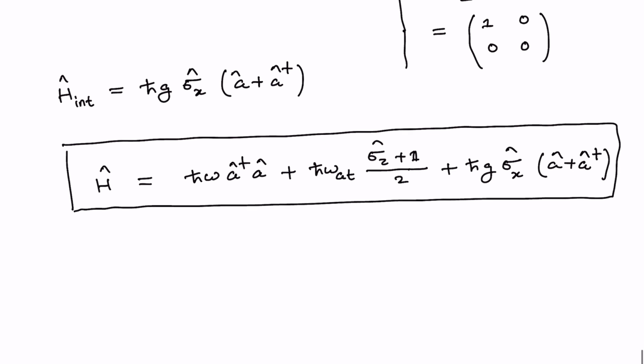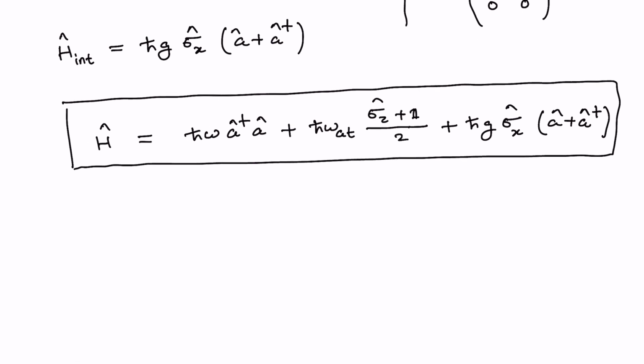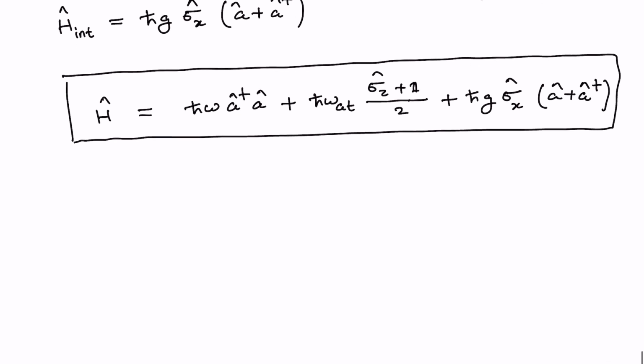In fact, this particular Hamiltonian is a general one which describes interaction between a field mode and a two-level atom, and it is known as the JC Hamiltonian, or the Jaynes-Cummings Hamiltonian.